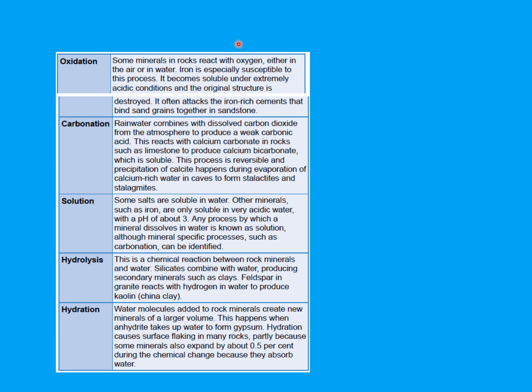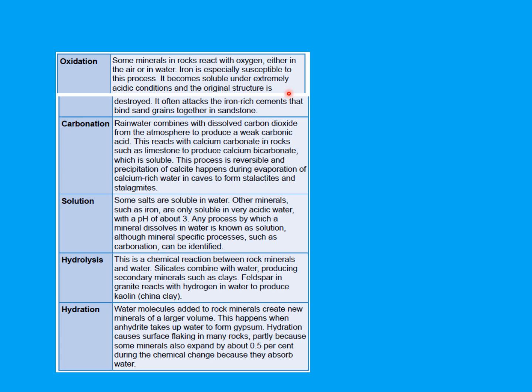So let's have a look at oxidation. When exposed, the minerals within certain types of rocks react with oxygen. The iron, if we use that as an example, reacts in these sort of acidic conditions, and then we get something called rust, which is quite weak. You can see this on metal.